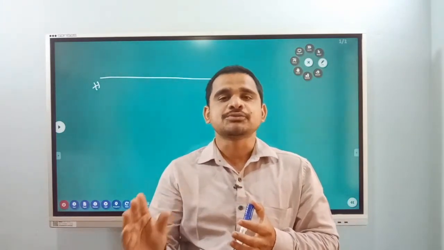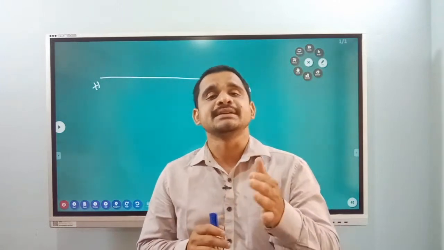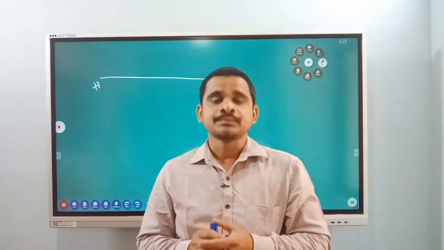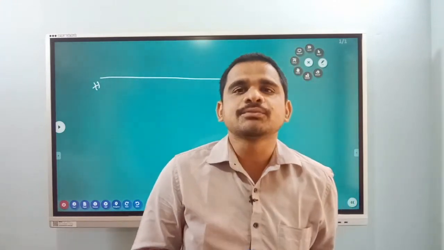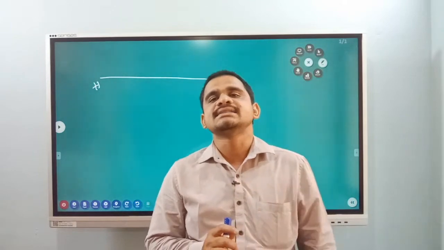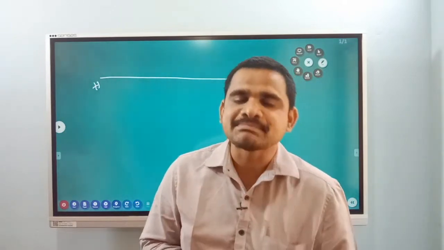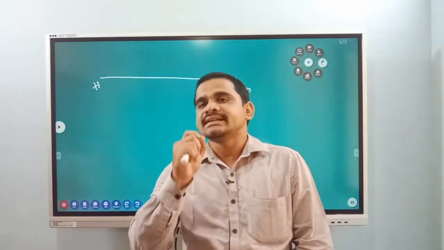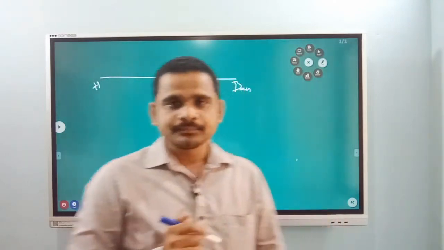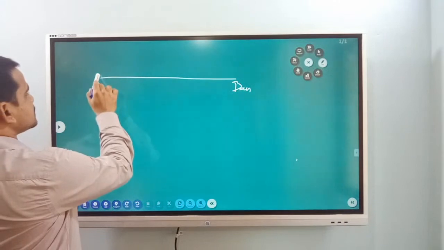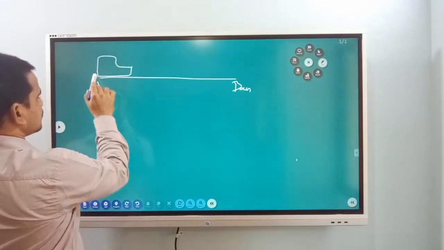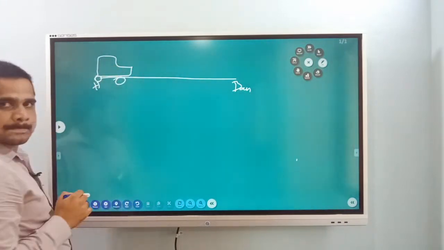Place to place, position to position, your speed is changing. At a particular instant, the speed of the body is taken as the instantaneous speed. One more time I'll try it. From here you start in your car and reach some other position.